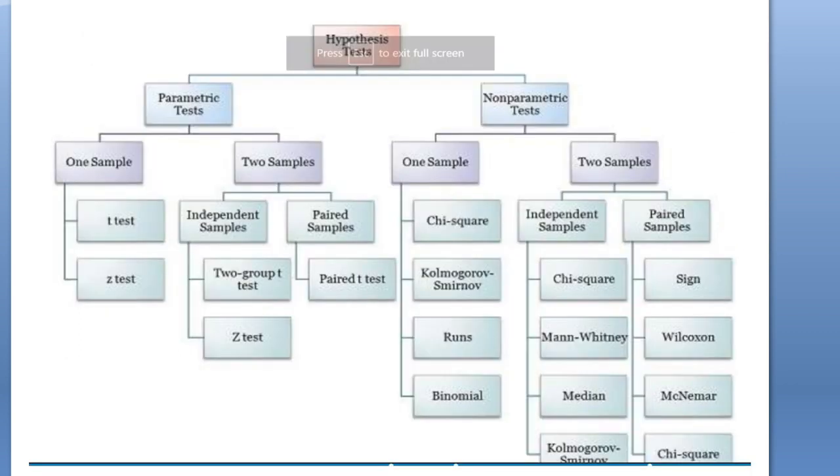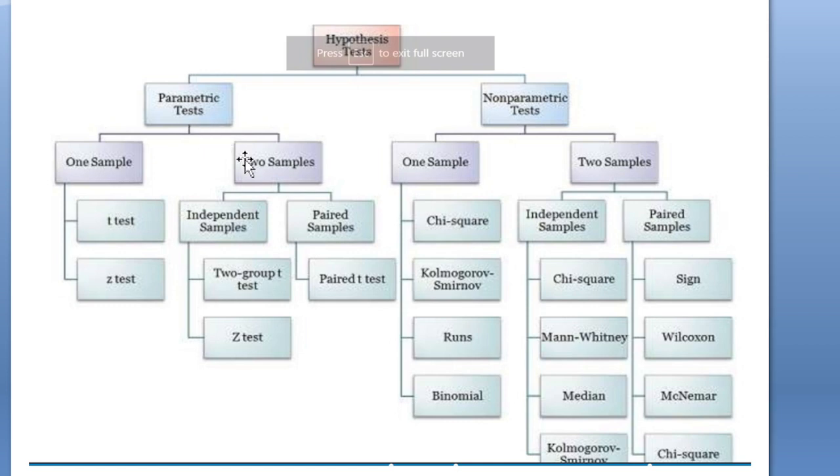Now, some commonly used parametric and non-parametric tests. If we are considering one sample, then if the sample is small, we can use the t-test, and if it is a large sample, that is the sample size is greater than 30, then we can go for the z-test.